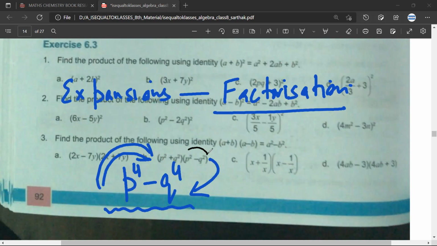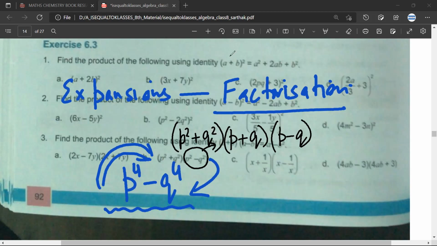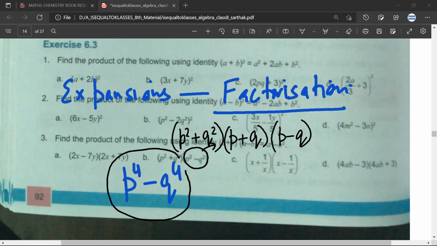So if you look closely at this p square minus q square, now this p square minus q square can be written as p plus q into p minus q. Have you understood what I have done? Yes. In the next chapter, I just wanted to tell you how the next chapter question would be. If they ask you the factors of this, you will have to write it like this.